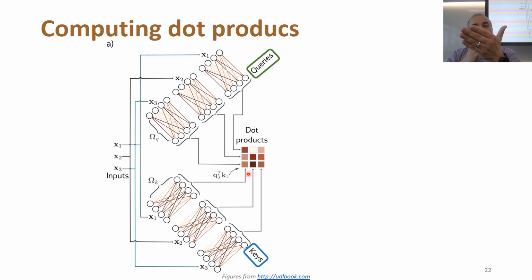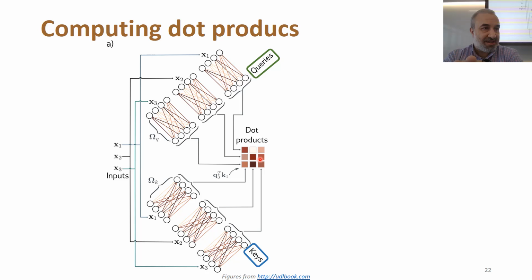Every query will be dot-producted with the keys, so that means n squared. And that makes sense, because we want to get attention between every word and the other. So we will have a weight at the end.